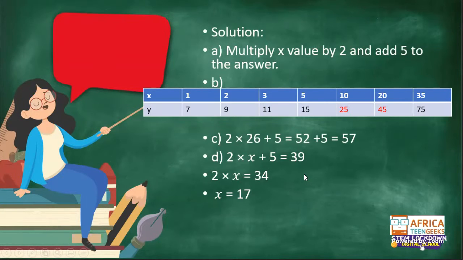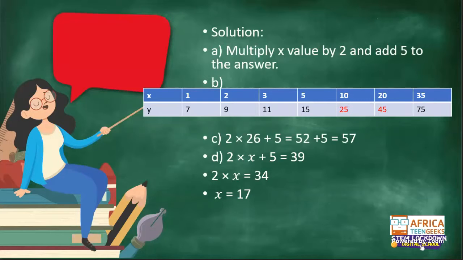It will change the sign, which will be negative, minus 5, which gives you 2x. So if you divide both sides by 2, the value of x will be 17.